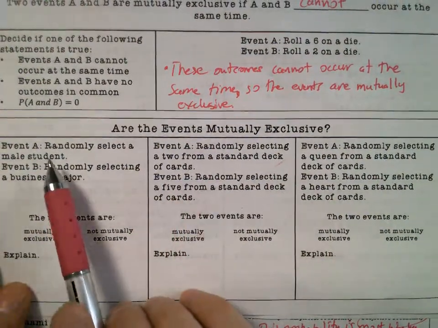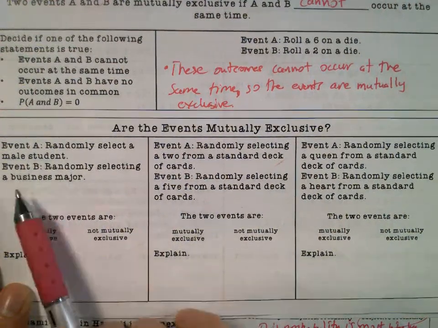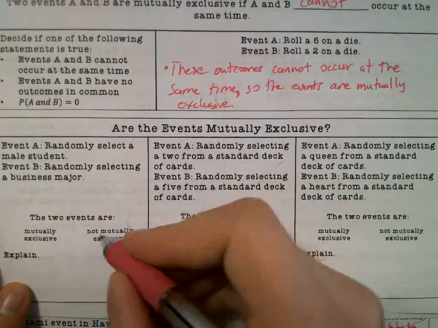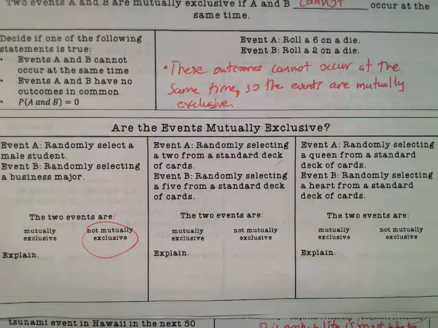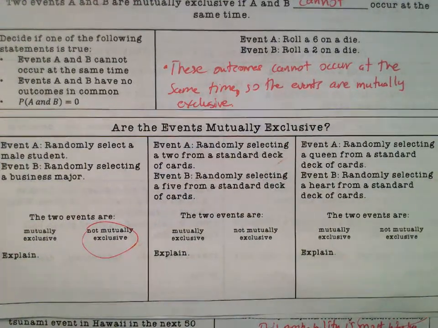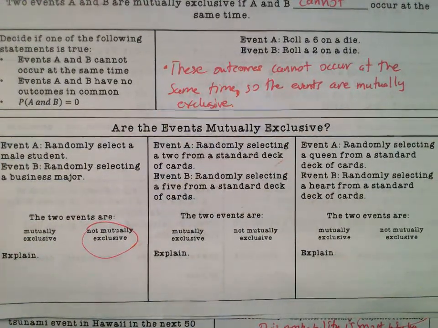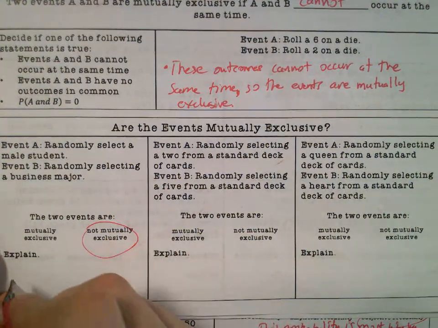Sorry, I meant to say that first. Randomly select a male student, randomly select a business major. These are not mutually exclusive because I can select a male who is both a male and a business major, okay? Because the students can be both.